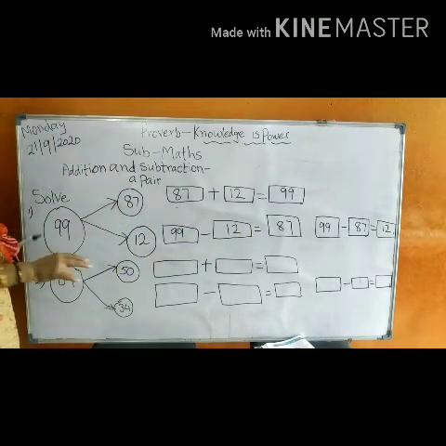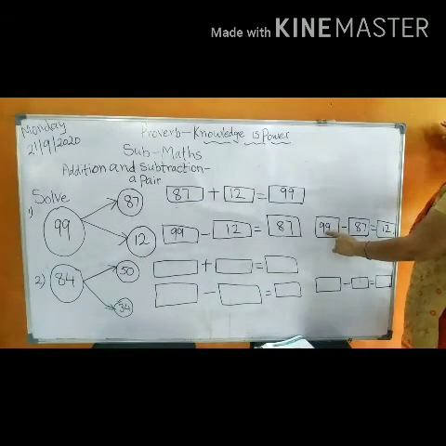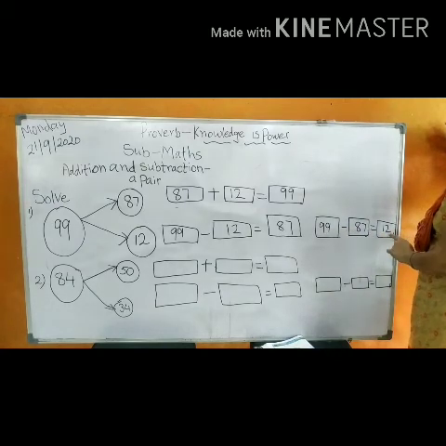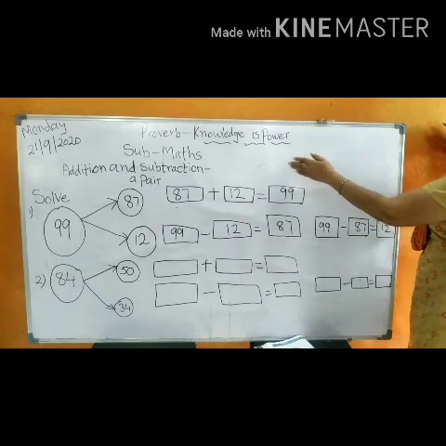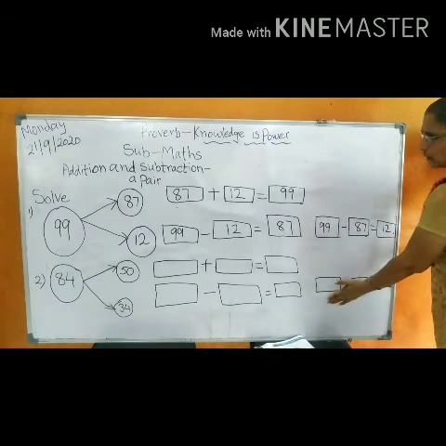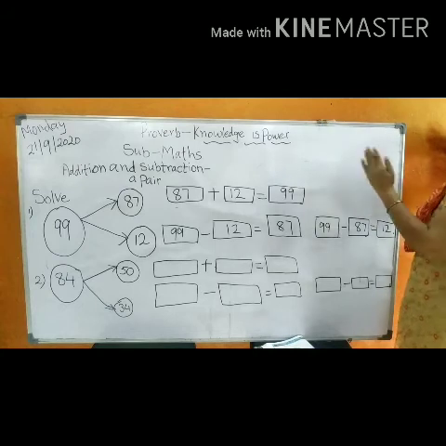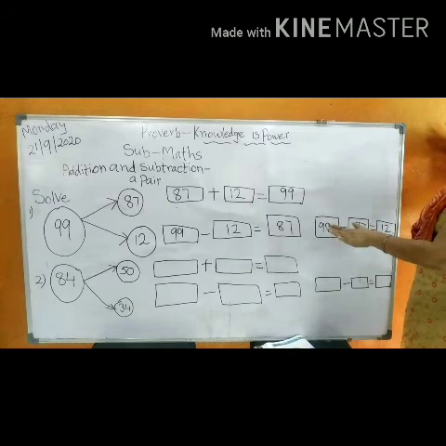Then over here you can see, when we minus from 99, when we minus 87, what answer are we getting? 12. Yes or no? Same way, as we have done over here, you have to do this sum also. That is, first you have to do addition, then you have to do the subtraction using the correct number in the proper place.